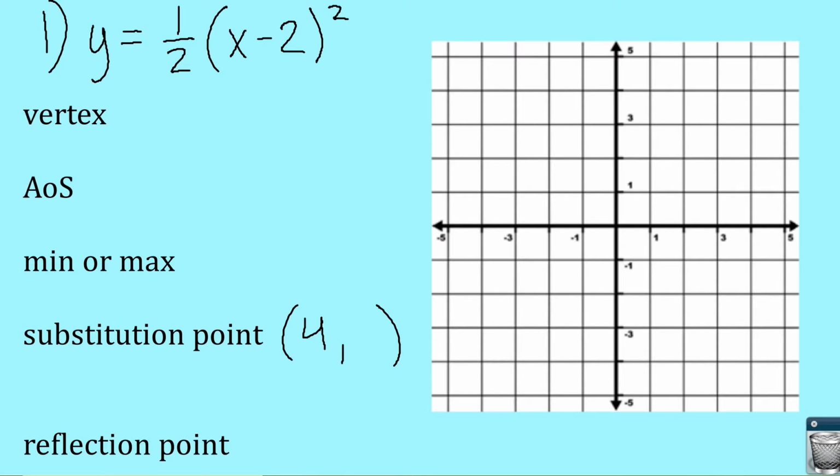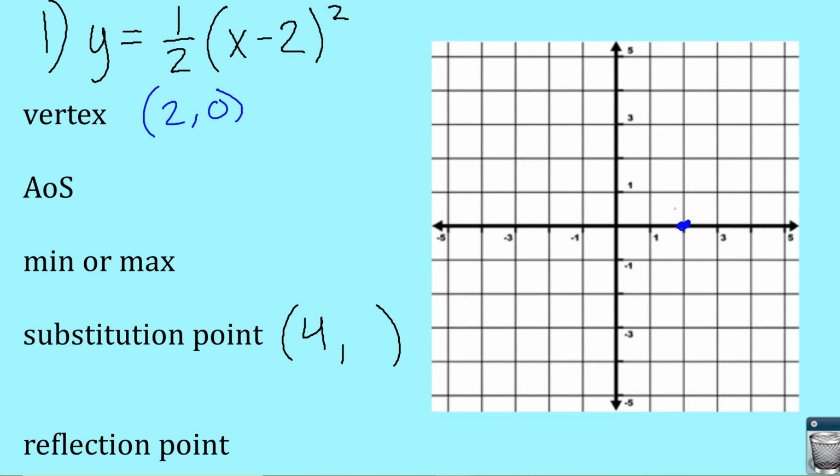So hopefully you remember all your transformations. Our vertex is going to be at (2, 0). And since our a value is 1/2 or 0.5, I'd recommend making a table. Let's give you guys a second to do that.